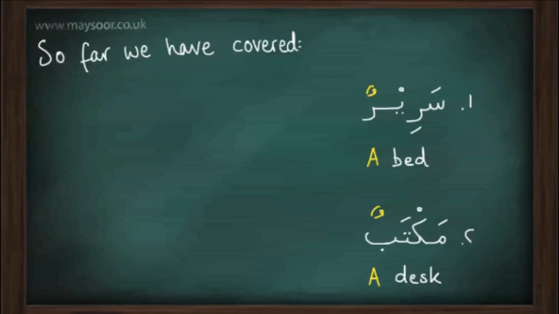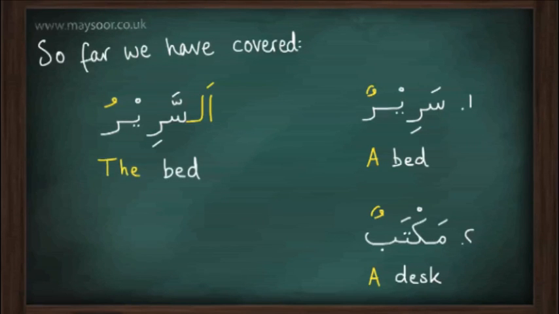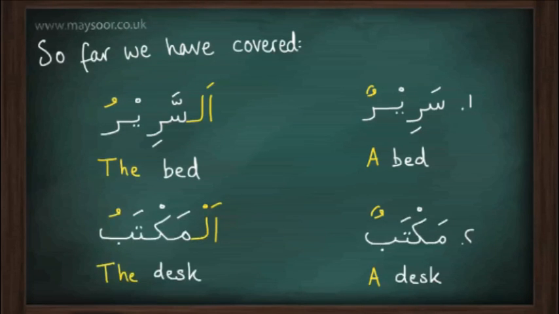We also mentioned if we wanted to change the ism, the noun, from being nakira, indefinite, to being ma'rifa, definite, we simply add al at the beginning of the noun. So for example, sarirun becomes as-sariru, the bed, and maktabun becomes al-maktabu, the desk.